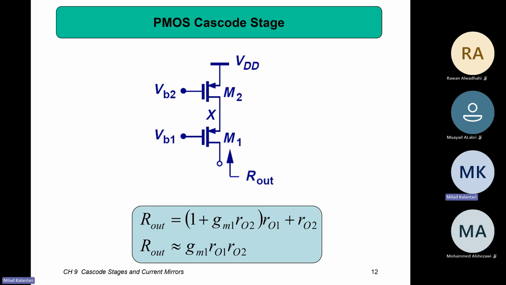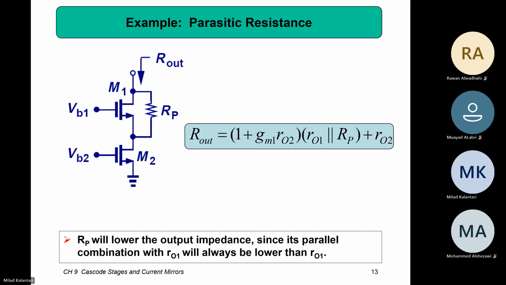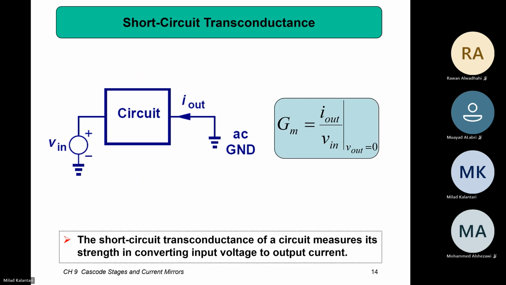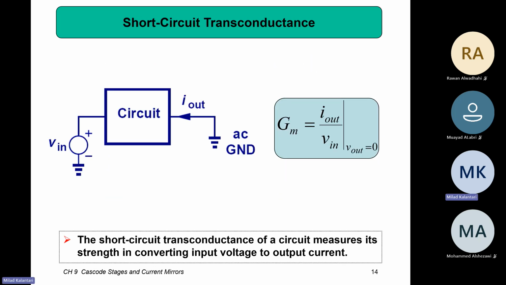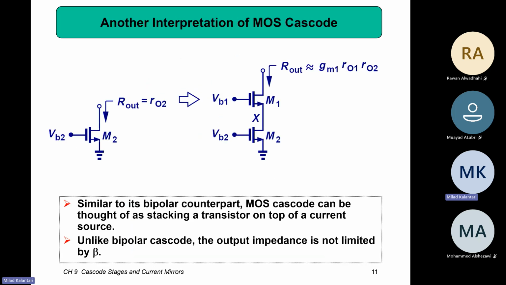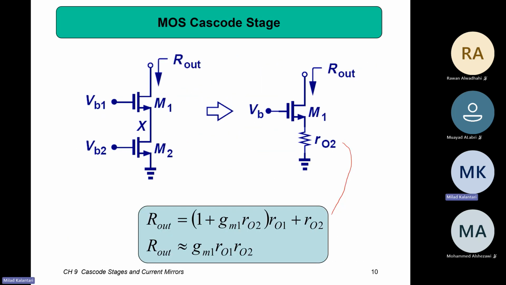So we can have the PMOS device. The small signal models are similar, right? So now we are seeing that we can increase the impedance by stacking up the devices as the cascode.